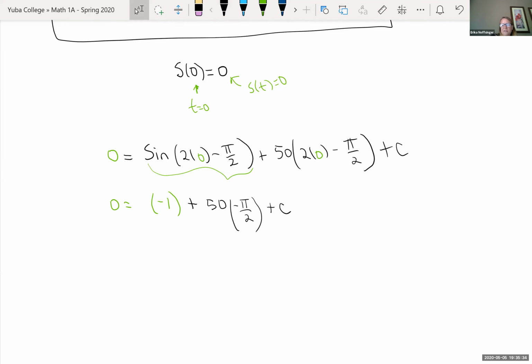So notice 2 goes into 50 25 times. I need to get c by itself, and so let's add the other pieces. So c is equal to, let's add 1 to both sides of the equation, 1. And let's add, this is really negative 25 pi. So let's add 25 pi to both sides.